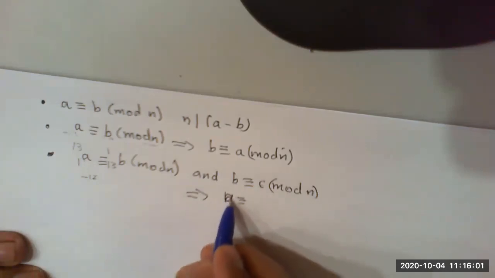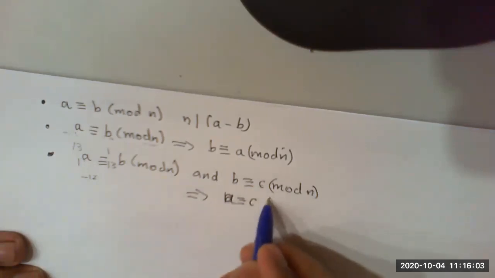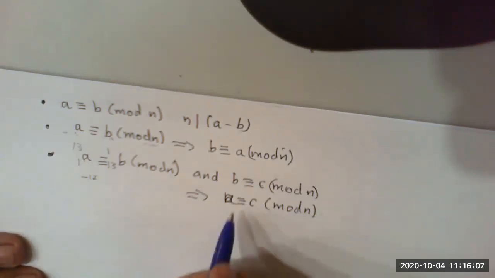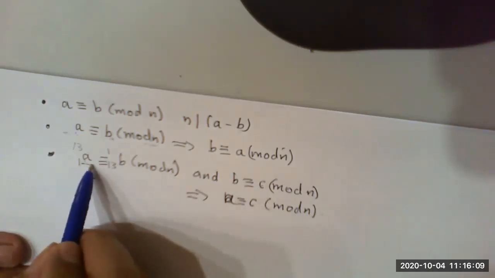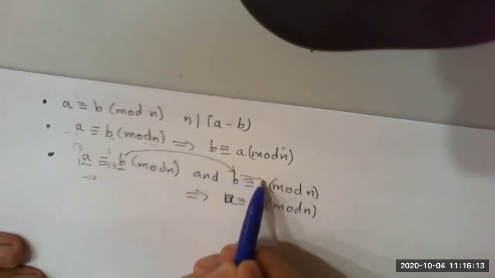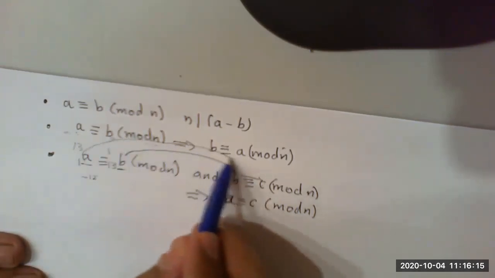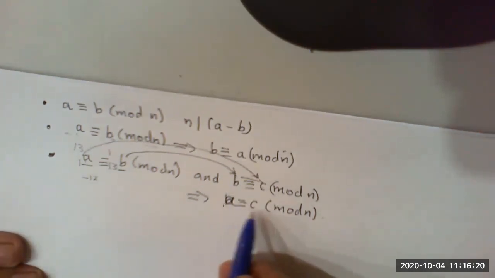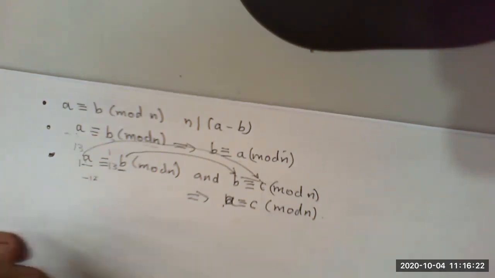So A is congruent with C mod N. If I say A, B, and then B, C, this means A, C. This means A is congruent with C mod N.